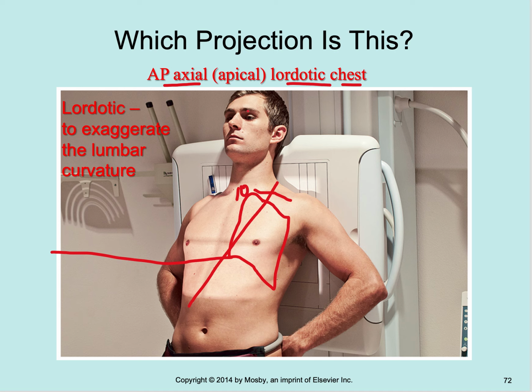So in this position, AP axial lordotic chest, the angle of the tube is not changed, but you're using the patient to create that angle. So it's from its normal AP or PA chest, the lordotic axial, because the patient is angled.